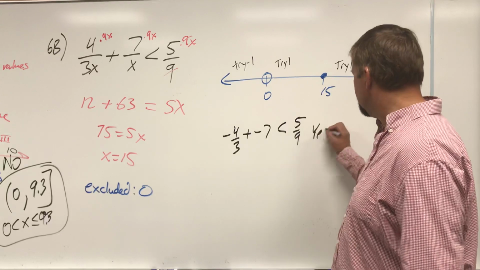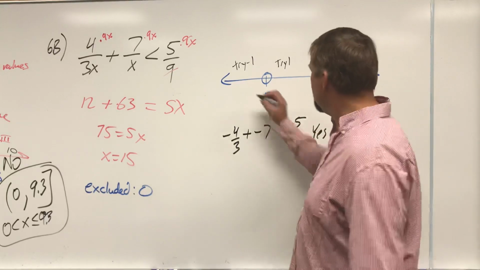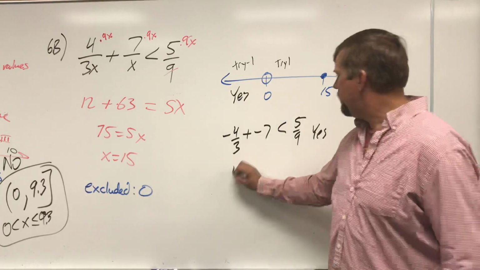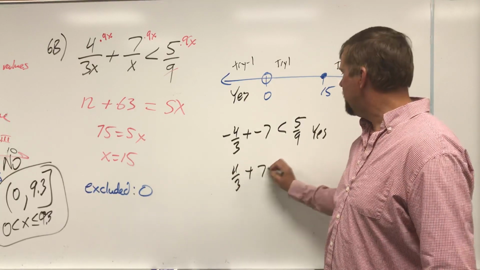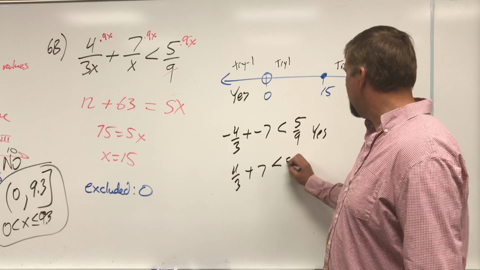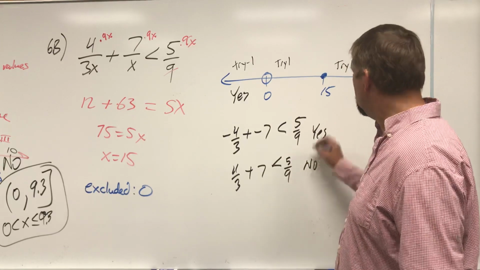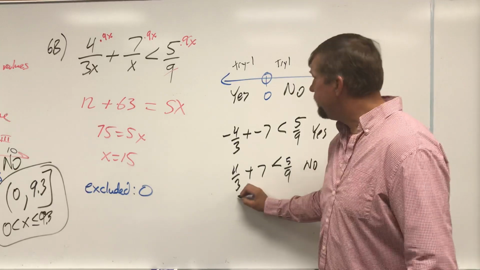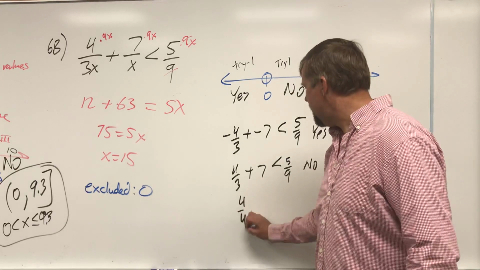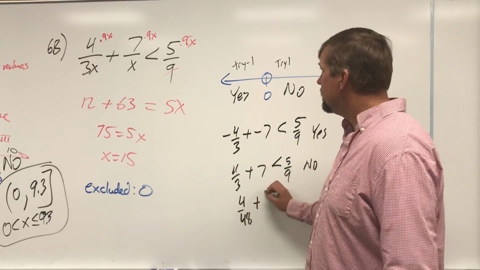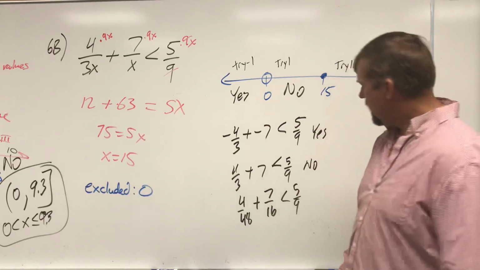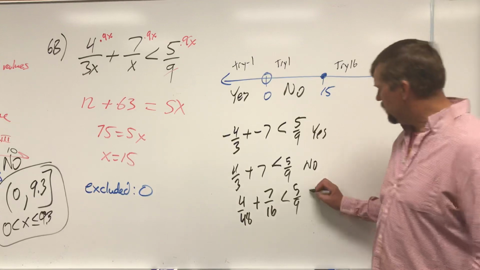That's a yes, because they're both negative and that's less than. With 1, we get 4/3 plus 7, is that less than or equal to 5/9? And of course that's a no. The last one, we've got 4 over 48 plus 7 over 16, is that less than 5/9? If you did the math on this, this would be a yes.